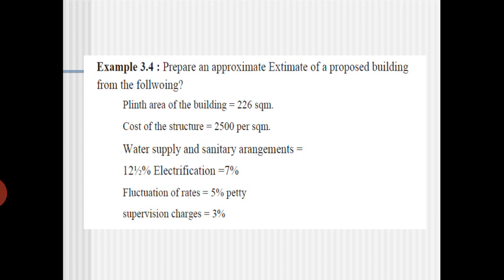The accessories like water supply and sanitary arrangements are 7% of the total plinth area estimate, the fluctuation rates will be 5%, and the supervision charges are 3% of the total plinth area estimate.